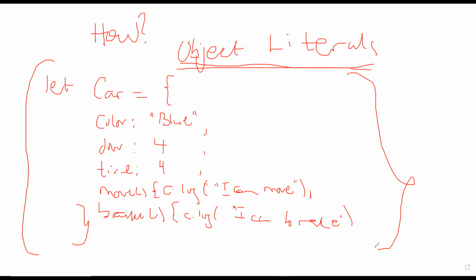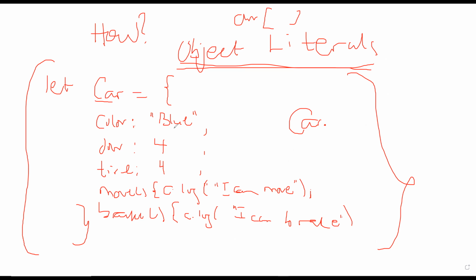So, how do I call out the data inside this object? If you remember in array, you call out the name of the array, then square bracket. But in the case of an object, you call out the name of the variable, which is in this case car, then you use the dot operator to access the property and the method.